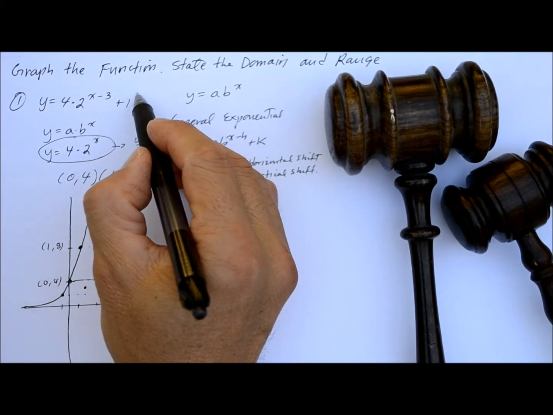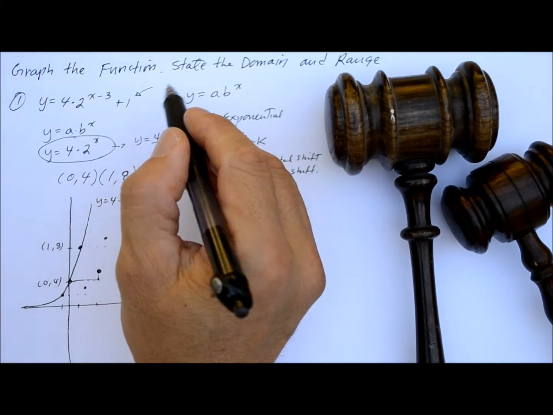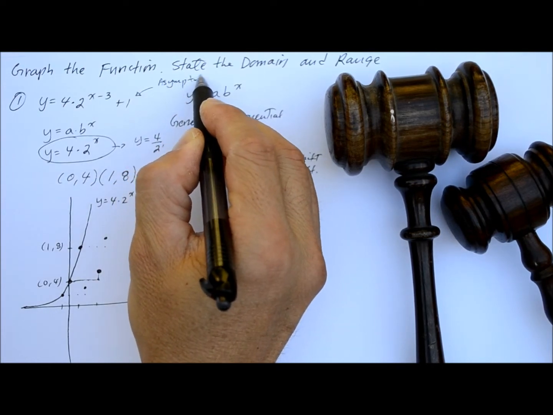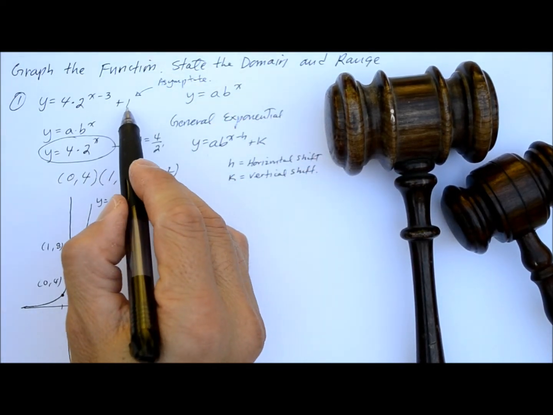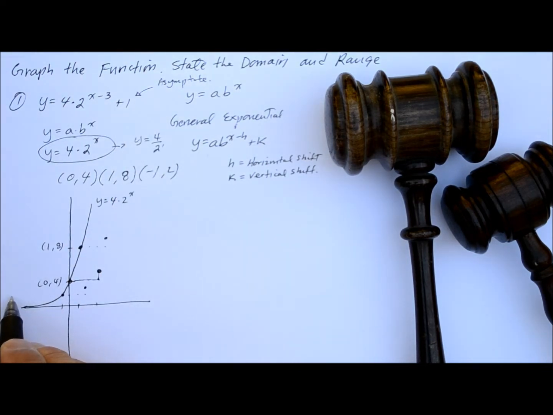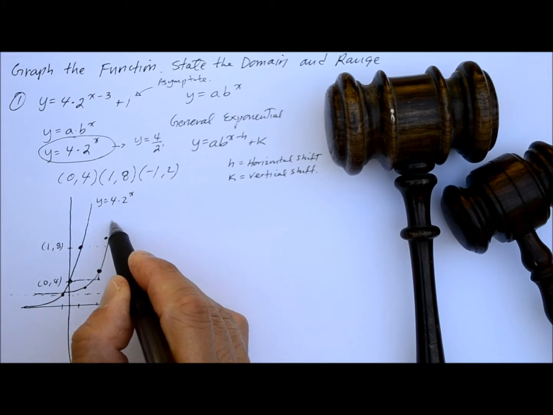And what happens is the vertical shift actually becomes the new asymptote. So the line gets closer and closer to 1, but never actually becomes 1. So let's draw a dotted line to show that's the new asymptote. It will look something like this.